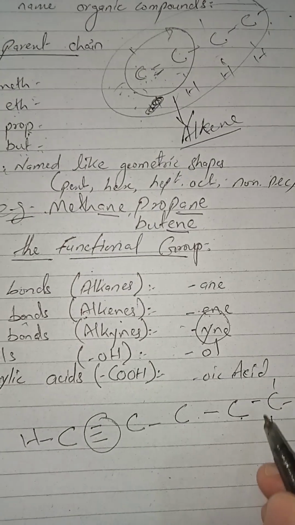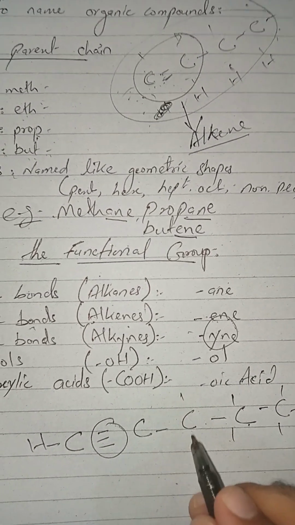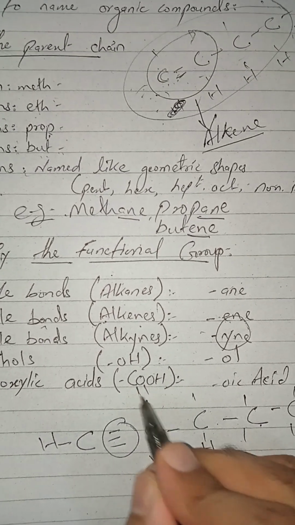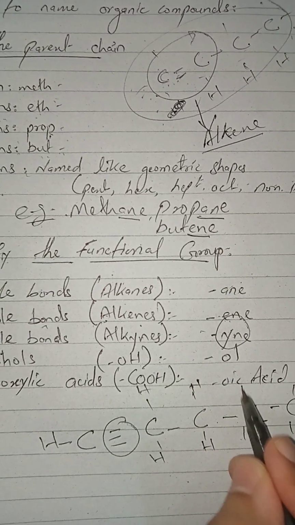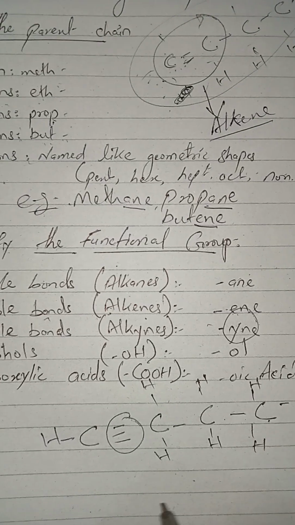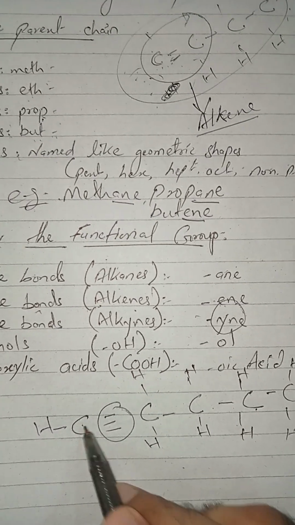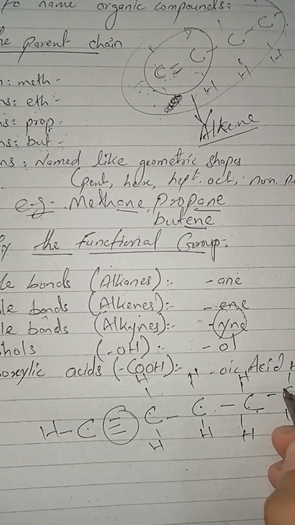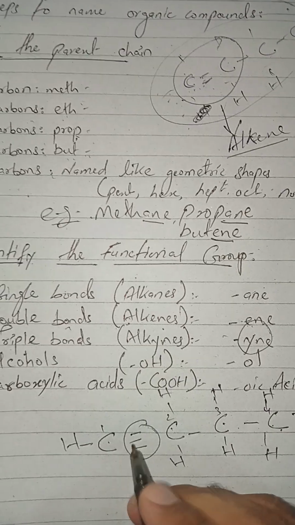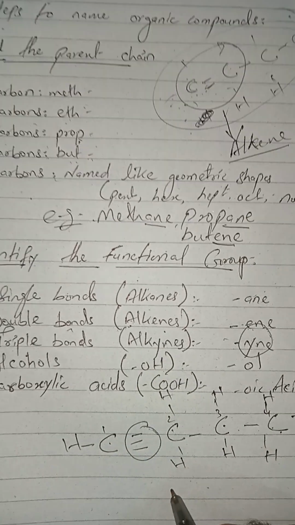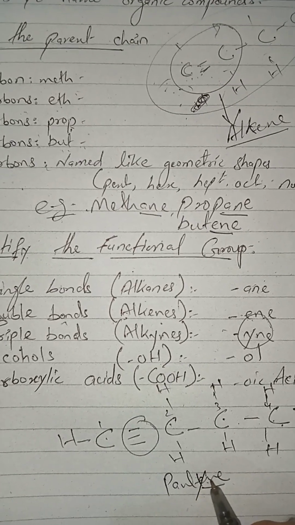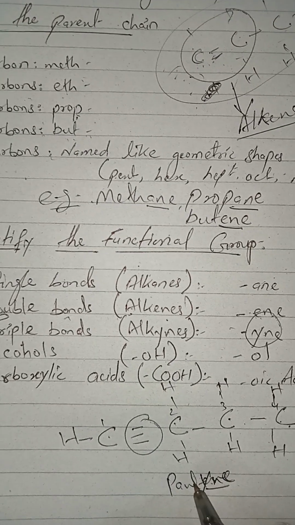And all other carbons we attach hydrogens. Are you getting me? Now this is 1, 2, 3, 4, 5. We have five carbons, and we start counting from the bonding side. So this is pentyne. We mention "yne" here: pentyne.